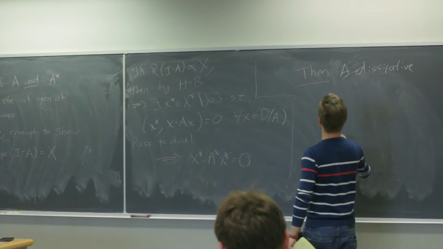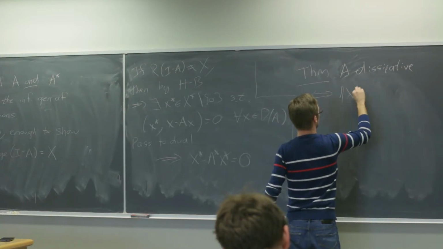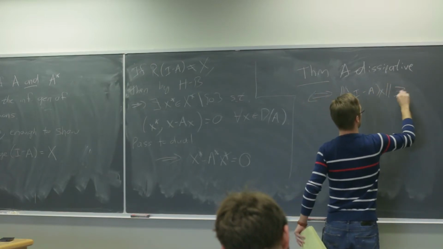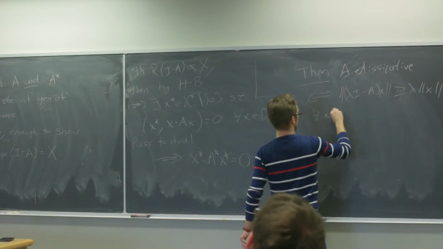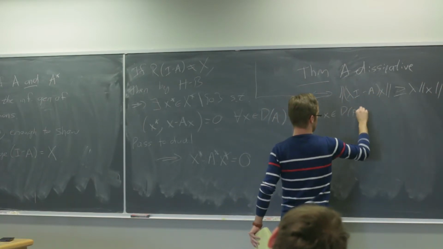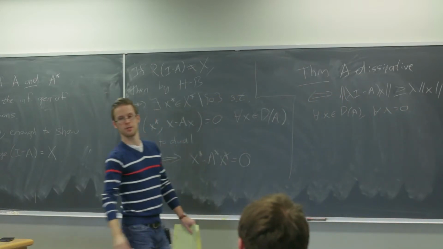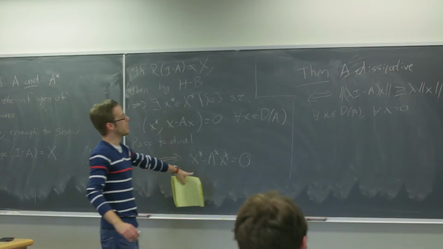This is actually equivalent to saying that the norm of lambda identity minus A acting on x is bigger than or equal to lambda times the norm of x, for each x in the domain of A and for each positive lambda. This is another machine that I need in order to even get to Stone's theorem. But I'm going to use this theorem here.